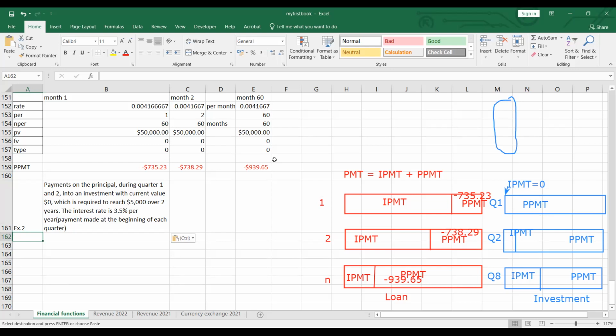For this one, I give you 5 minutes. Please find the payments on the principal in this case for quarter 1 and quarter 2. If you get the answer already, please share your answer in the chat box so that everyone can see it. You can start now.